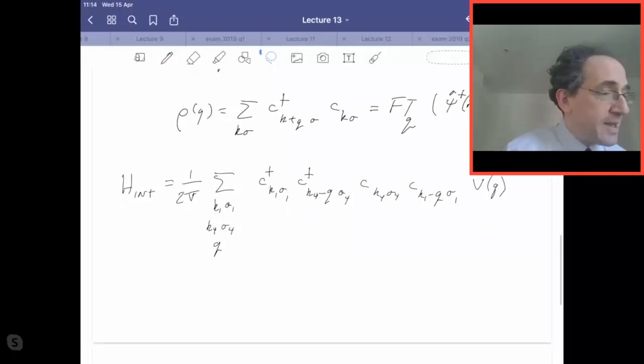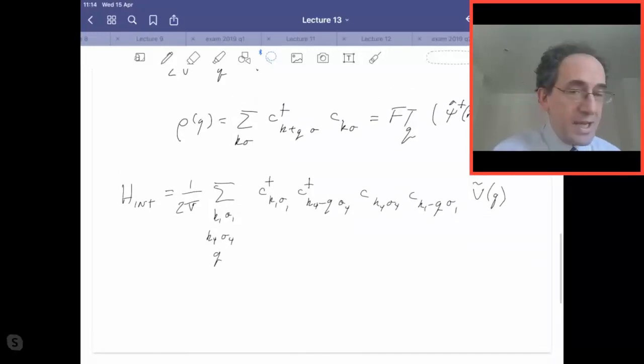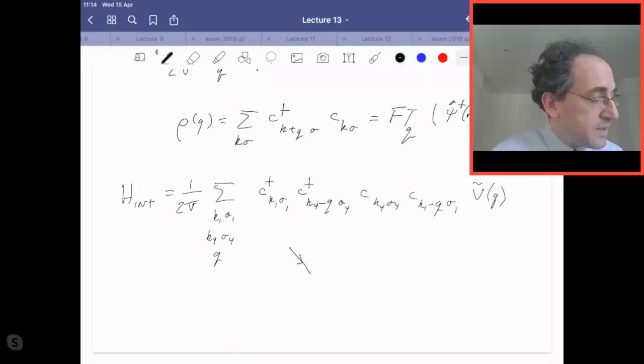Okay, so anyway, this complicated looking interaction here I can write as a diagram as follows. A diagram like this I'll write like this, and then an interaction here, Q going along there, an interaction here, like this.